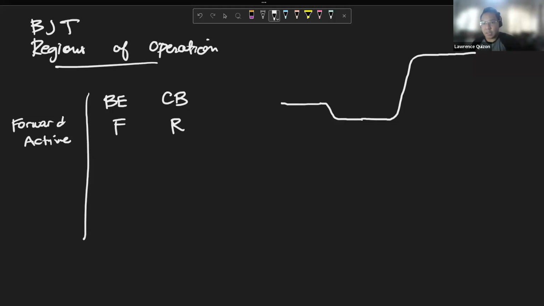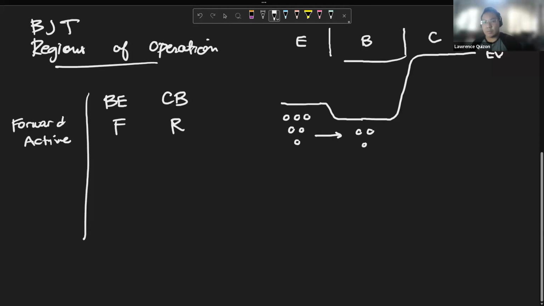So let's say this is the valence band edge, right? Kailangan yung main carriers natin, they're able to diffuse across to the base, no? So this is your emitter, your base, your collector, di ba?